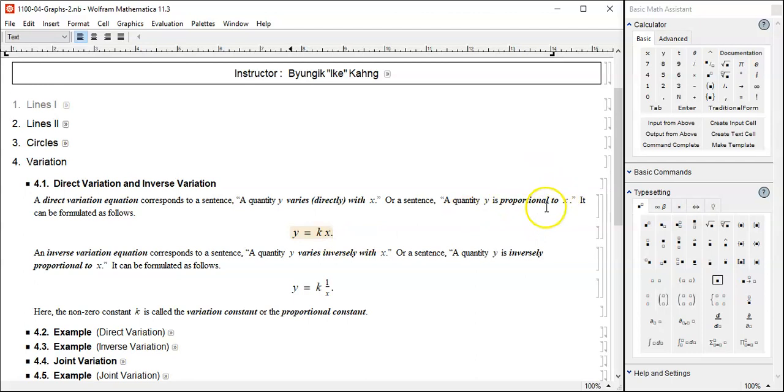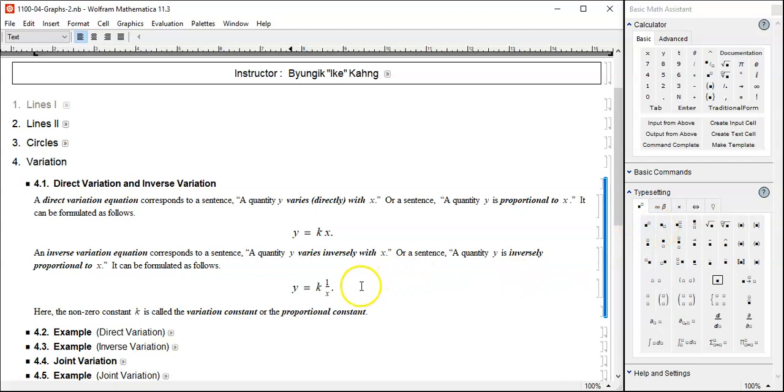So proportional to x or varies with x, they mean the same thing, and they all mean y equals kx, direct multiplication. Here, x and y are variables that change, but k is a constant that doesn't change, and it is called the variation constant or the proportional constant. They are both widely accepted terms, so please remember both.